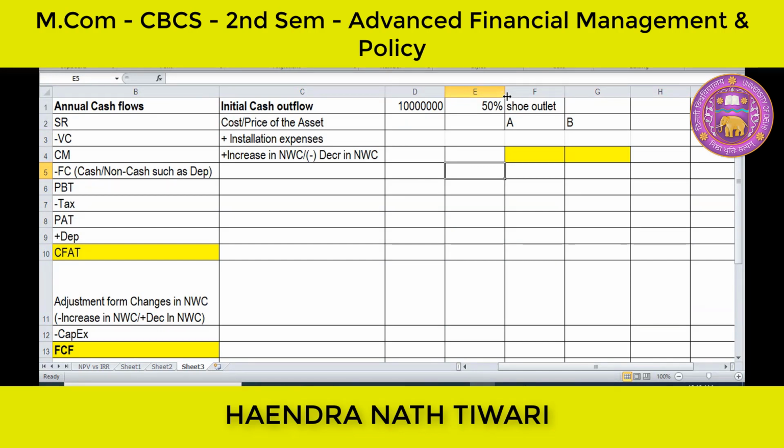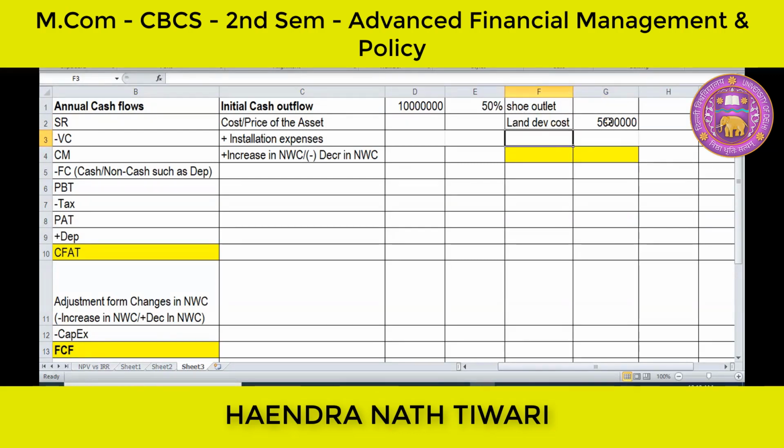Number 1, land development cost. Land development cost will be, let's say, rupees 50 lakhs. ज़्यादा हो गया 50 lakhs, 20 lakhs.